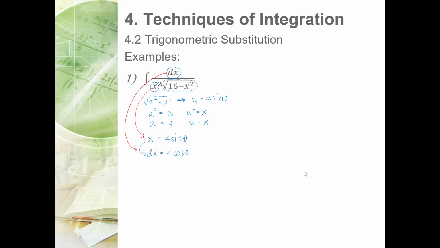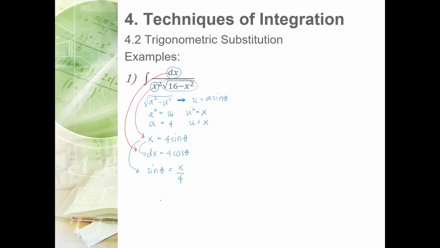So we are going to look for 16 minus x squared. Our method is, again, we utilize the formula and try to isolate the trigonometric function. What I mean by that is, sine theta is equal to x over 4, right? Isolating the trigonometric function.